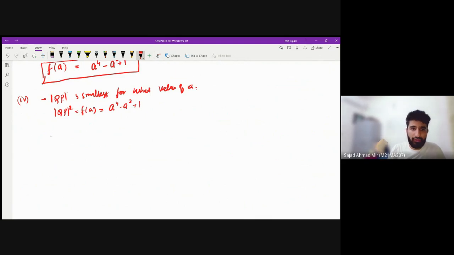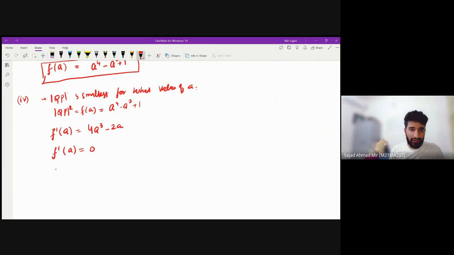We know that in order to find the local extrema, we have to take the derivative, and the derivative vanishes at local maxima or minima. So I will find the first derivative, which is 4a cube minus 2a. At extrema, we know that this is 0.